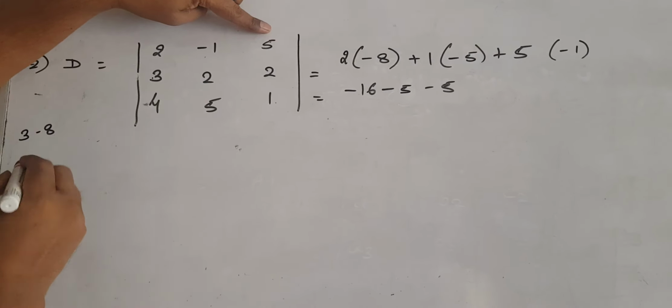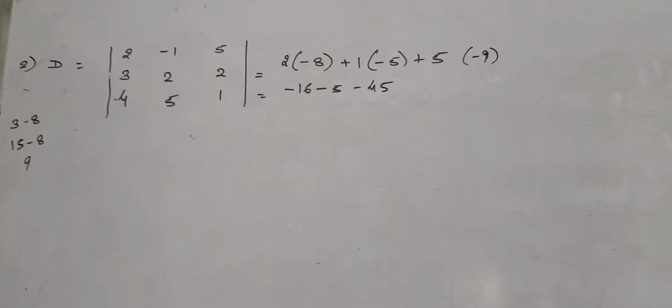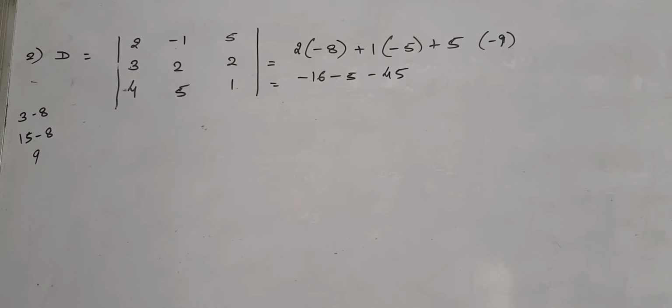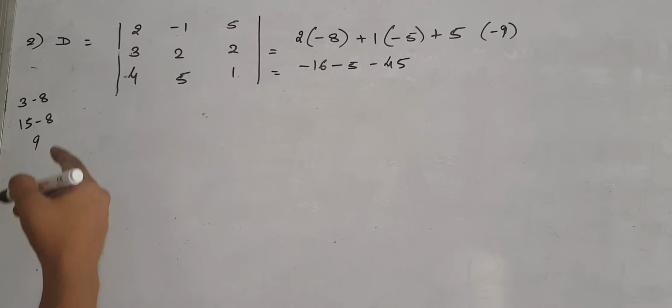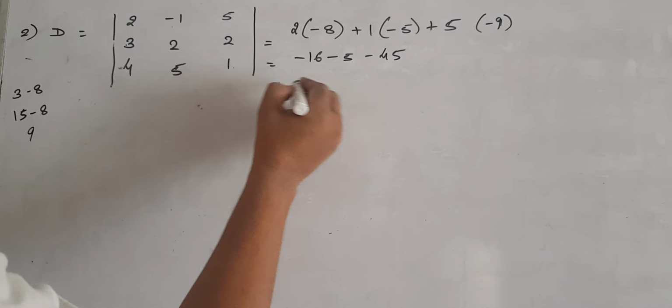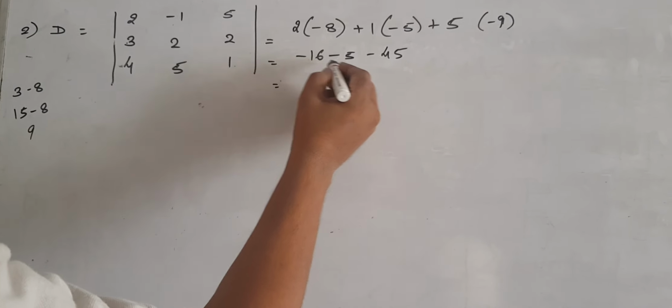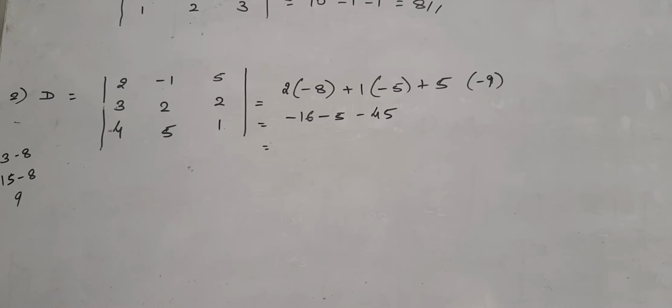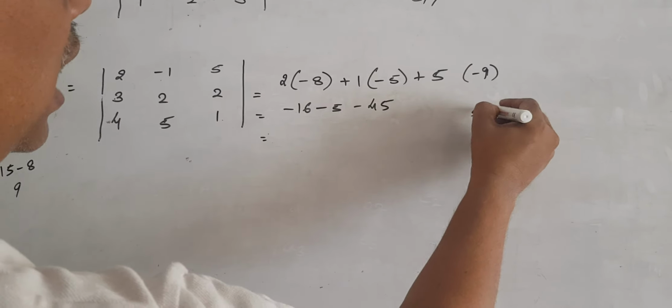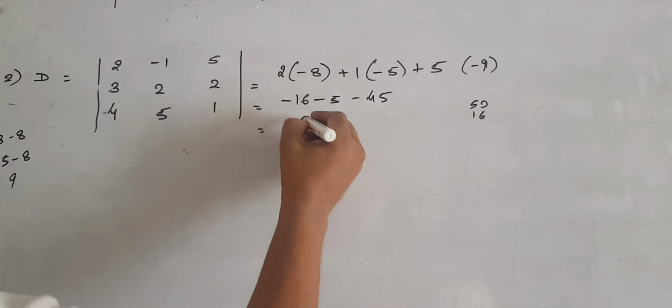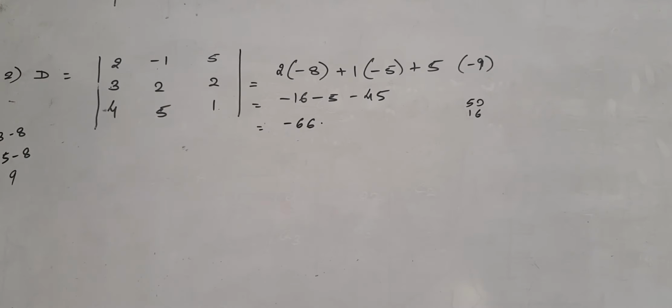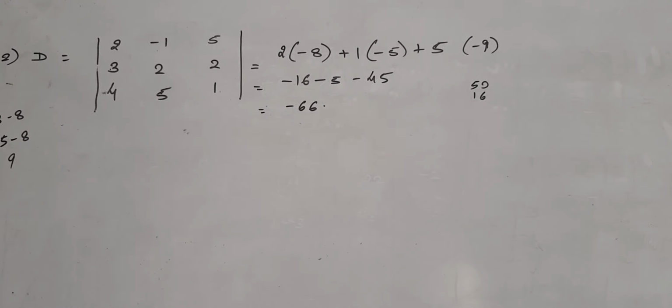So here we have to keep minus 9. So 5 into 9 minus 45. Okay. So you will get it. The answer will be 50 and 16. That will be what? 50 and 16 means 66. Understood?